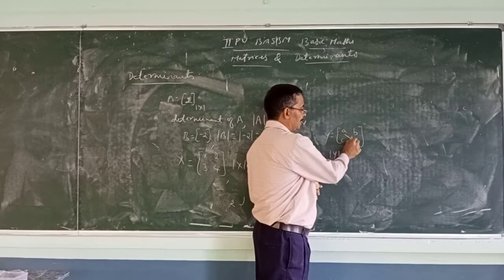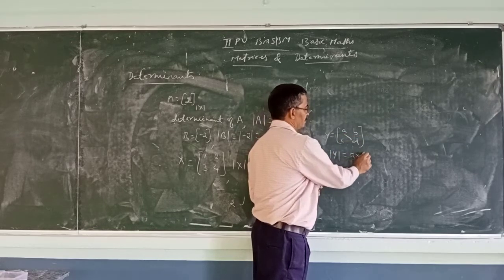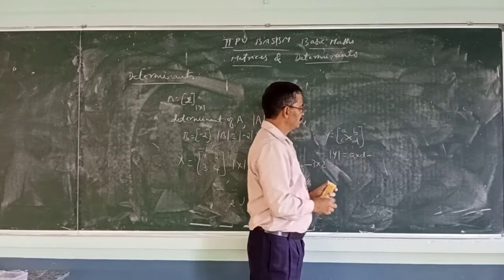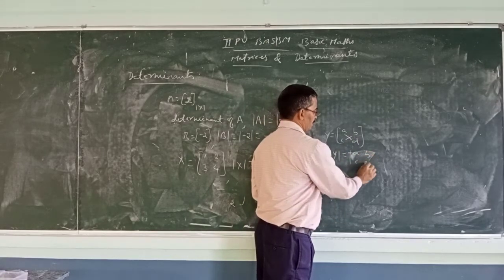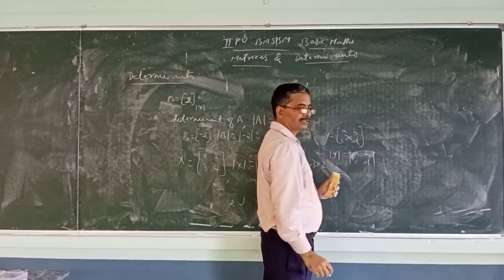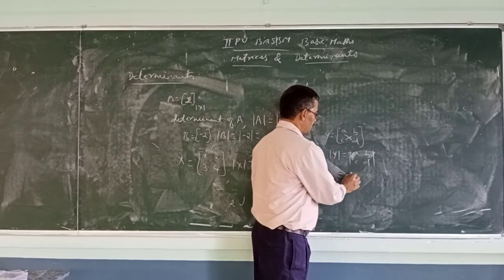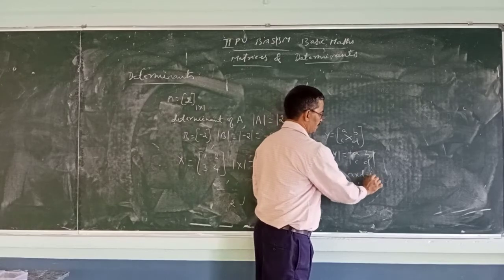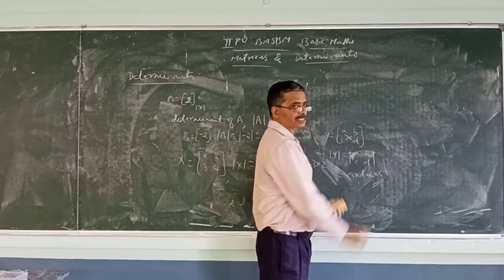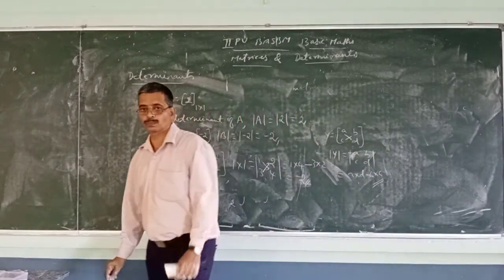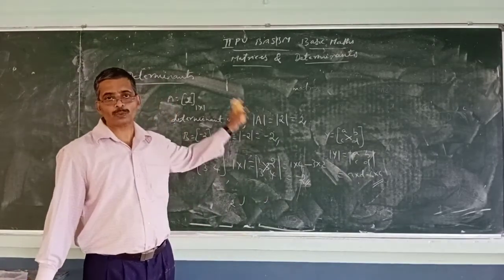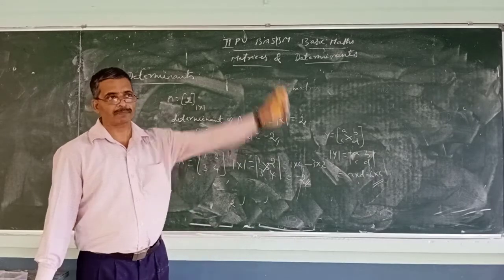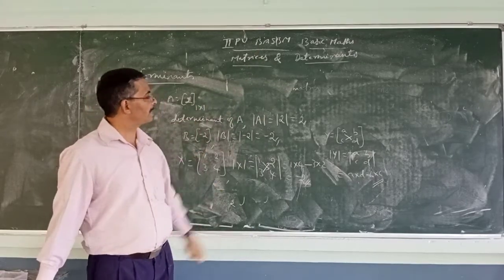It equals a into d minus b into c. This is of order 2 cross 2, applicable only for square matrices. Determinant is applicable only for square matrices.